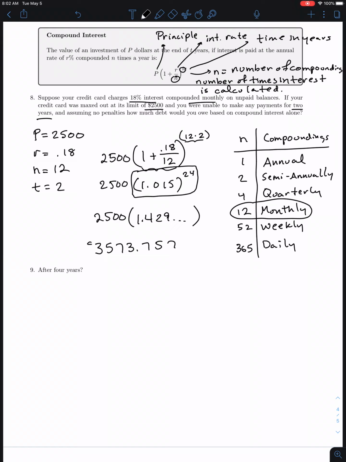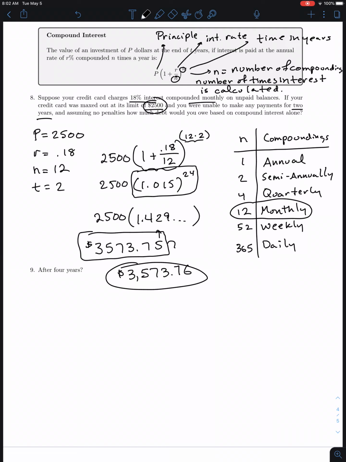Since this is money, we're always going to round to 2 decimal places. That's why I added the extra 7 at the end, to see whether I want to keep that a 5 or move it up to a 6. Since 7 is bigger than 5, we move this up to a 6. So our final answer would be $3,573.76. Notice we started off owing the credit card $2,500, and now we owe over $1,000 more.